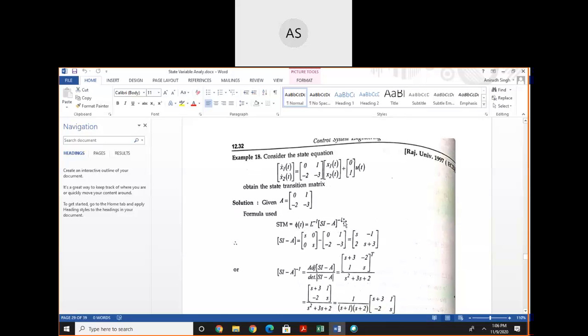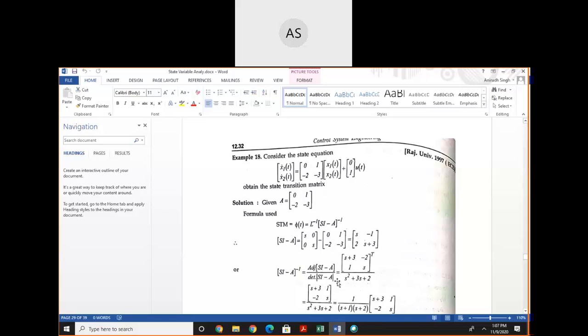Suppose that this is the state equation, and we have to obtain the state transition matrix from this state equation. A is this, B is this, these are the state vectors, and this is the input vector. Psi of t is the inverse Laplace of (SI minus A) inverse.